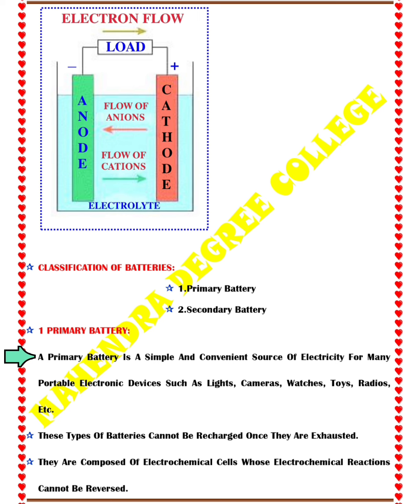These batteries are mainly used in small portable electronic gadgets such as lights, cameras, watches, toys, radios, etc. Examples of devices powered by primary batteries are flashlights, digital cameras, wristwatches, remote control toys, portable radios, and other similar devices.